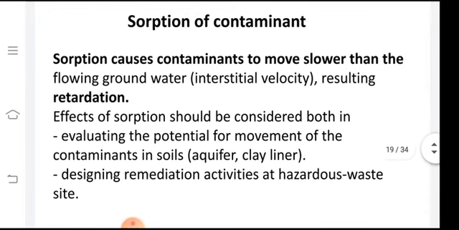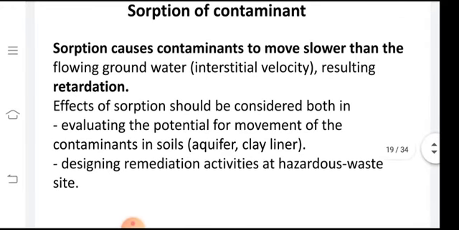Now in this case, sorption of contaminant is important. As we talked earlier, this sorption behavior is understood by the partitioning coefficient, and this partitioning coefficient relates to the retardation of the movement of the contaminant. If we have some sorption phenomena taking place, it relates with the retardation factor of the movement, because movement is linked with the aqueous phase, not with the sorption behavior.